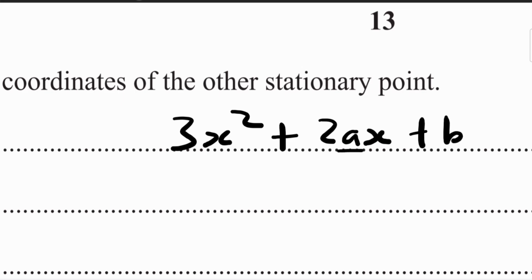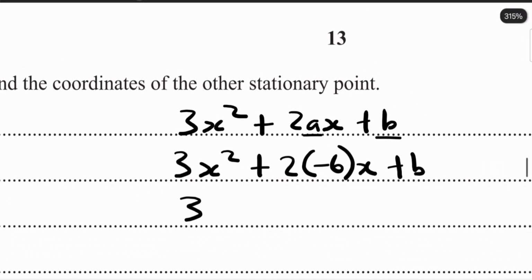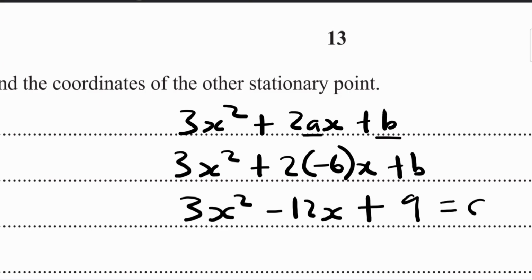And we know that a is minus 6 and b is 9. So 3x squared plus 2 times minus 6x plus b. Right? So 3x squared minus 12x plus 9 should be equal to 0 at a stationary point.